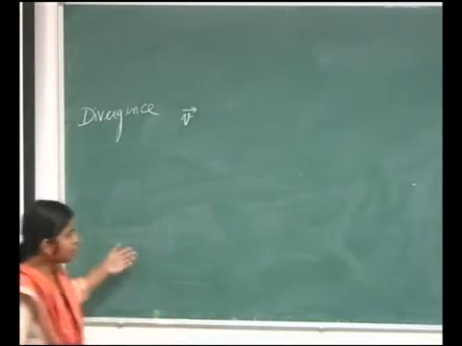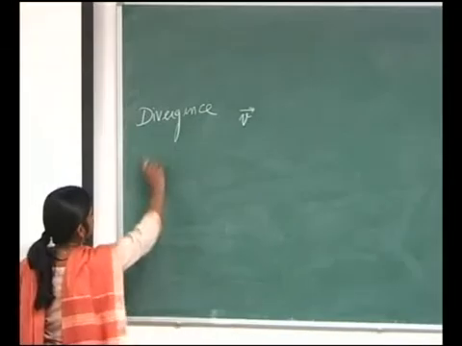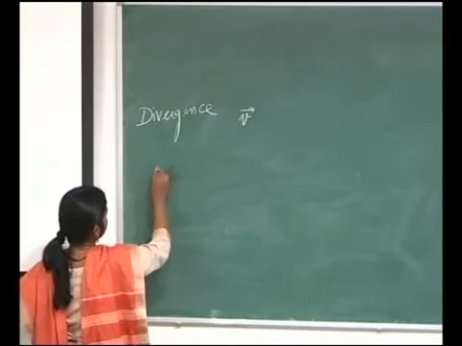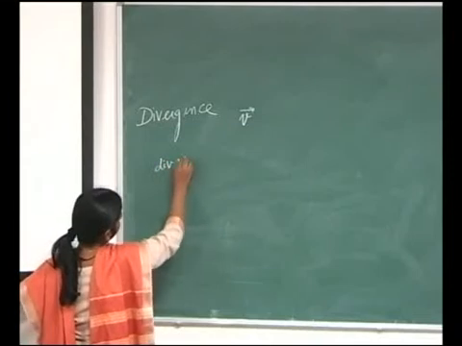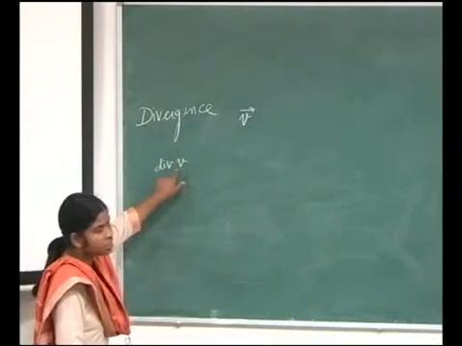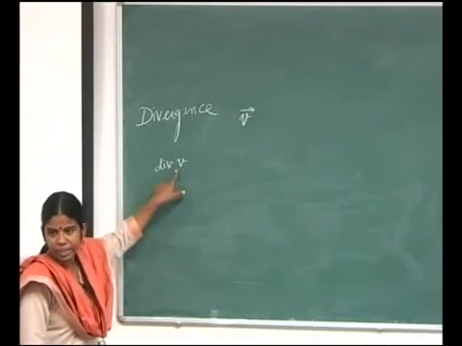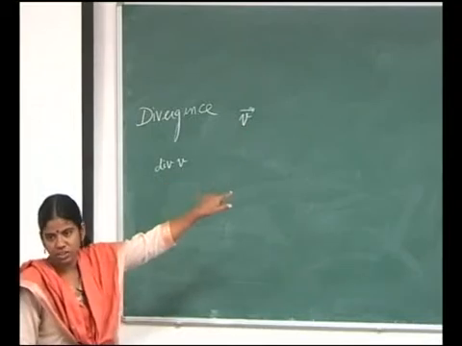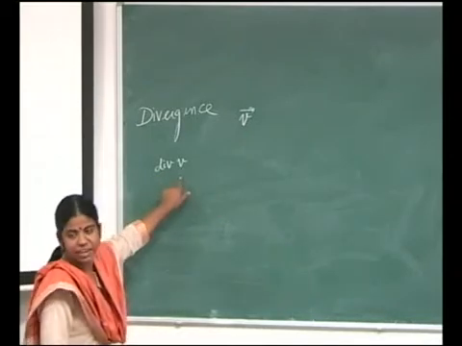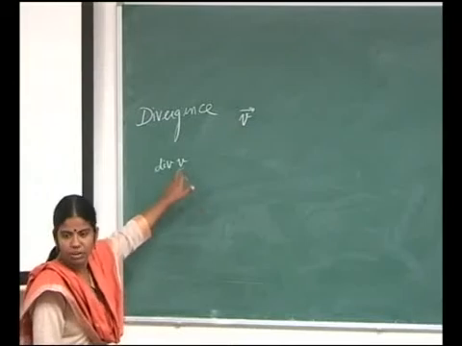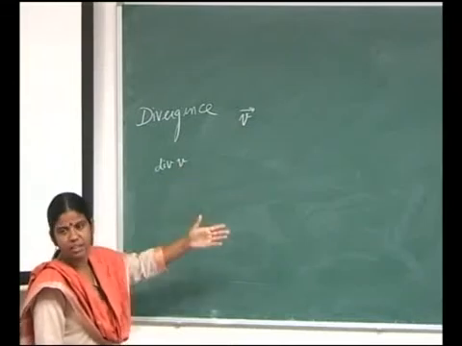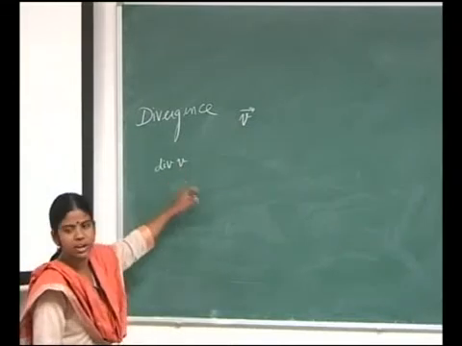Whenever we are taking divergence, one more thing I would like to tell you: divergence of V is actually the partial derivative of this vector field V in the x, y, z directions. Whenever I take a derivative, it is the rate of change of a given quantity with some other physical parameter. It could be position coordinate, time or whatever.